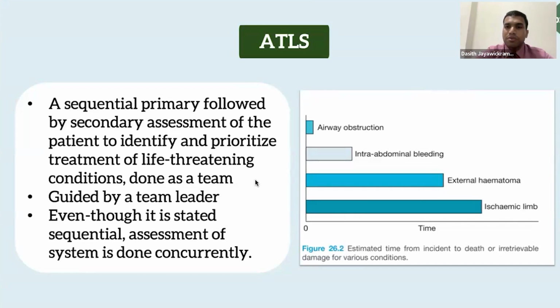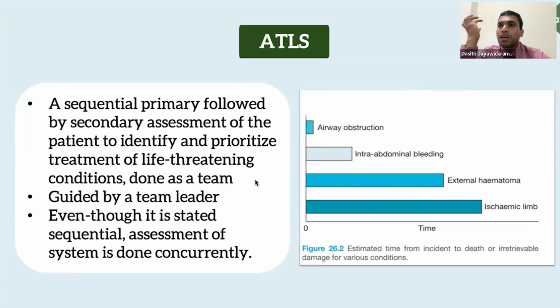It is set sequentially because the airway always takes priority over the circulation. That is because the time for a patient to die from airway obstruction is much less than for a patient who dies from intra-abdominal bleeding. And vice versa, a patient dying from intra-abdominal bleeding takes less time than from an extradural hematoma.